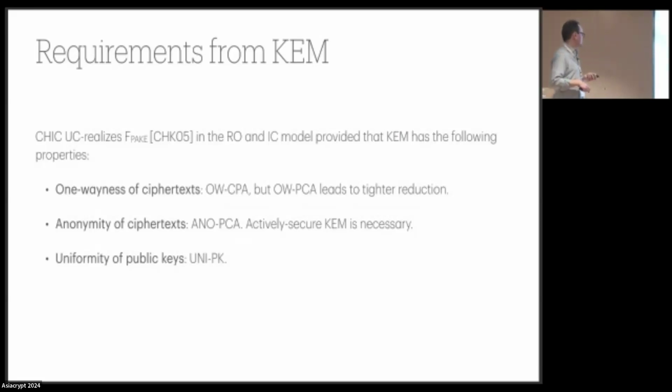We need anonymity of ciphertext, meaning that the ciphertext should not reveal the public key that was used to produce it. And for this, we need an actively secure CAM, meaning that it has to be at least plaintext checkable, which is also slightly weaker than the normal decryption oracle that you give in standard definitions. And then we require that the public keys look uniformly distributed.